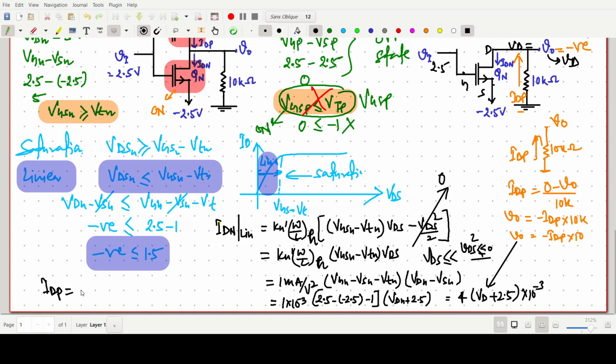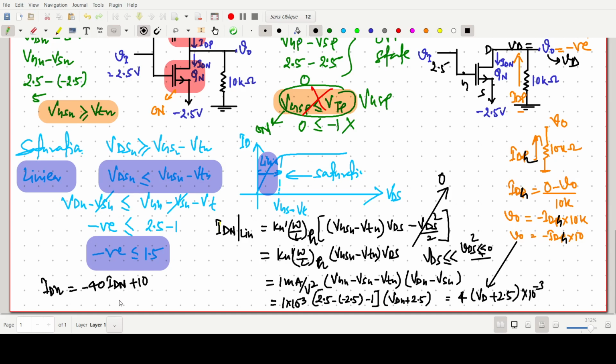putting V naught equals to this value, IDp will come nearly equal to, sorry, why am I saying IDp, always IDn, better to say IDn equals to, after solving it will come minus 40 IDn plus 10, 4 into 2.5, directly I am writing.